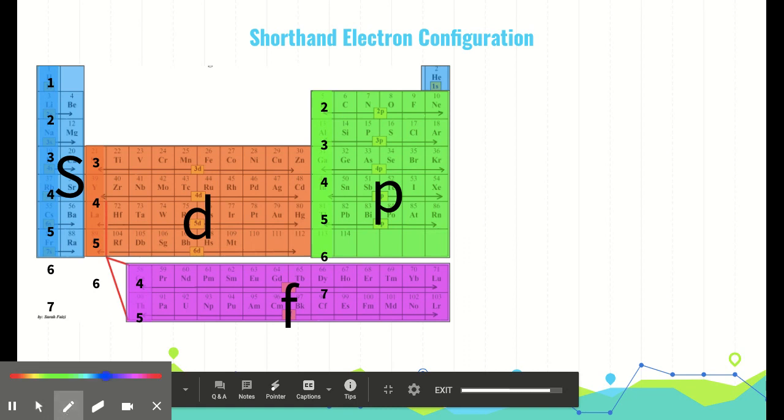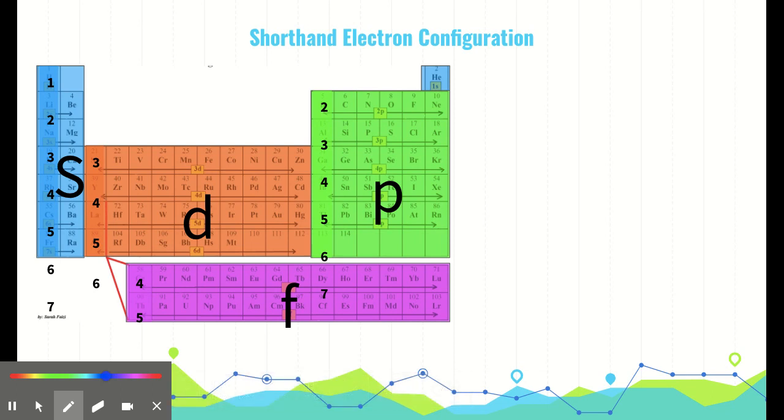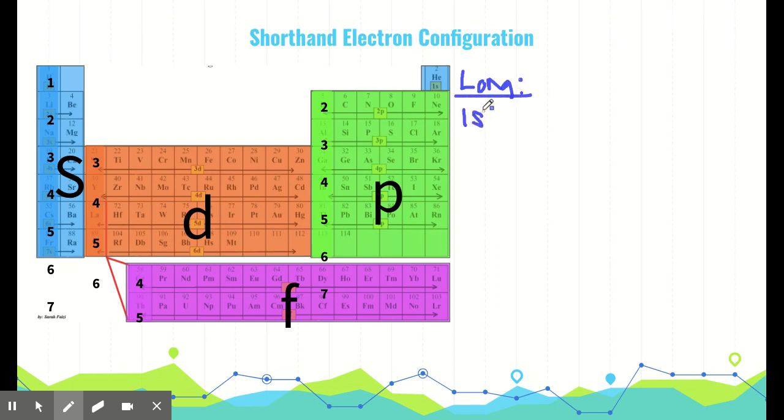There's another way to write these. The shorthand electron configuration will make your life a little easier as far as showing these. So let's do chlorine. The long version of chlorine is going to be 1s2, 2s2, 2p6, 3s2, 3p5.